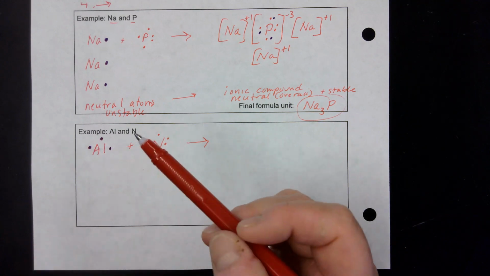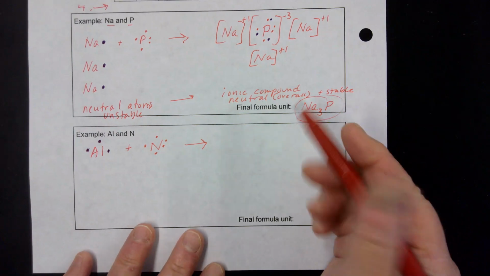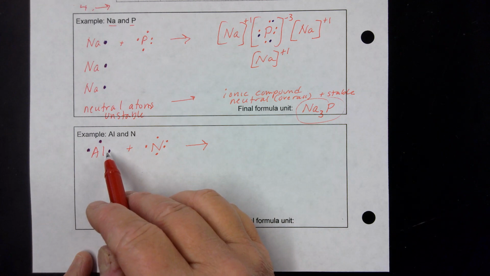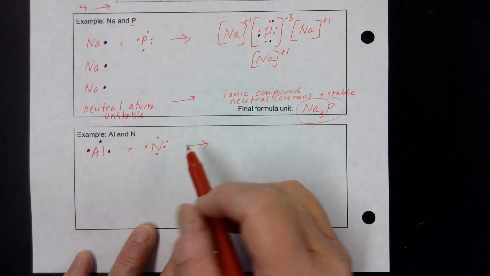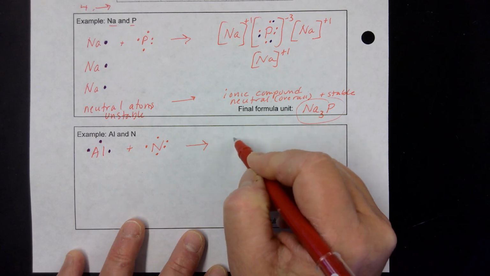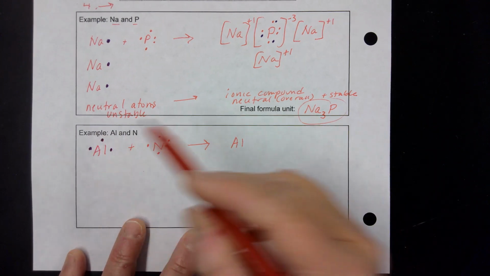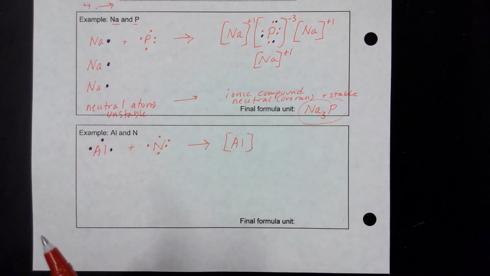Aluminum has 3 electrons. So this is a really lovely match, because all 3 of these electrons are going to be lost by the aluminum, and all 3 are going to end up on the nitrogen. So what we have left over, aluminum now has 0 electrons in that valence shell. So we're just going to draw its valence shell empty with no dots.